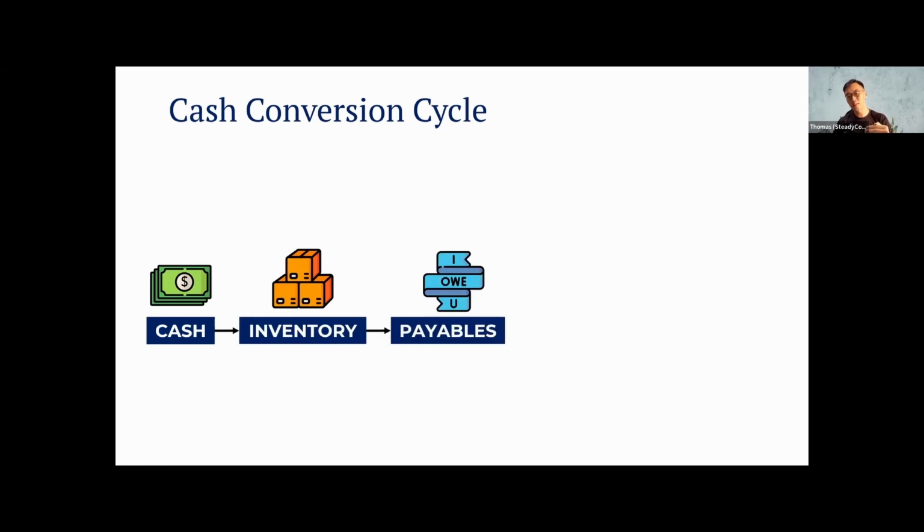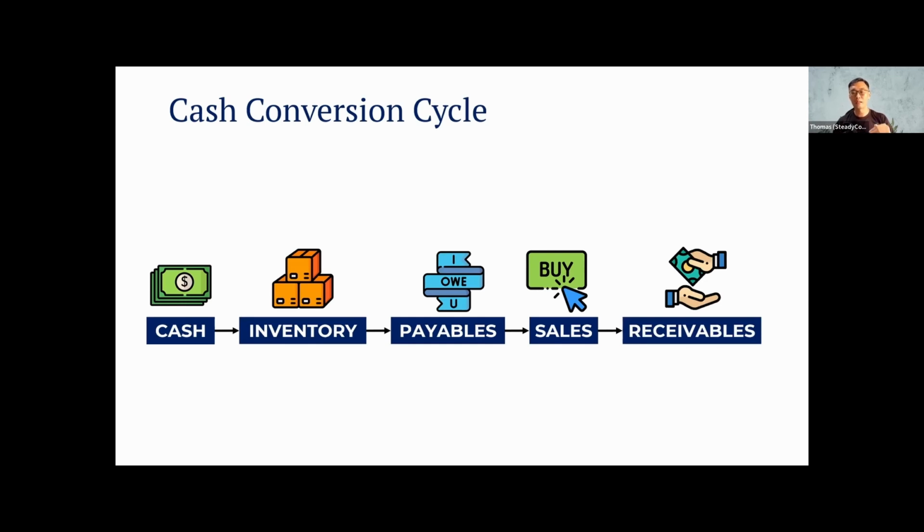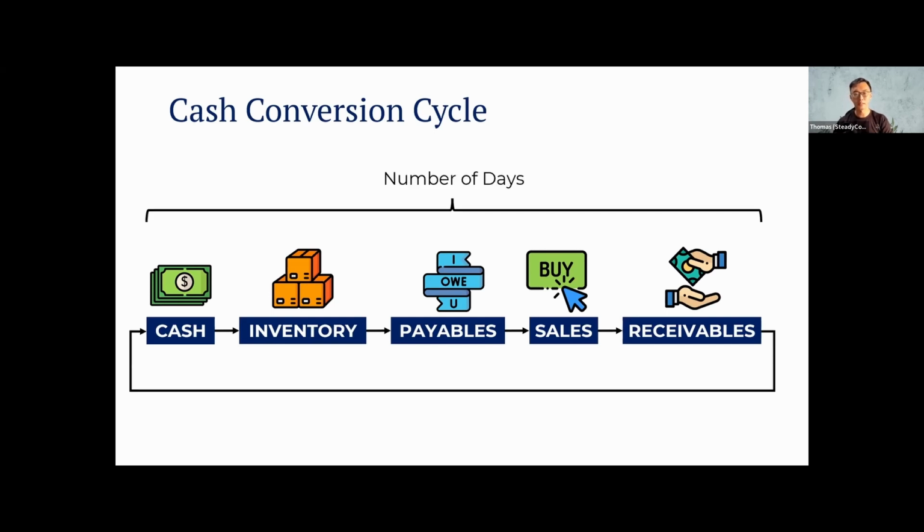It measures how many days I take to pay my suppliers, that would be accounts payable, and then how many days it takes for me to sell these products into sales, and eventually how many days it takes for me to collect my money from my customers, right? And this will form one complete cycle. And we measure the number of days it takes to go to cash, to inventory, payables, sales, receivables, and back into cash again.